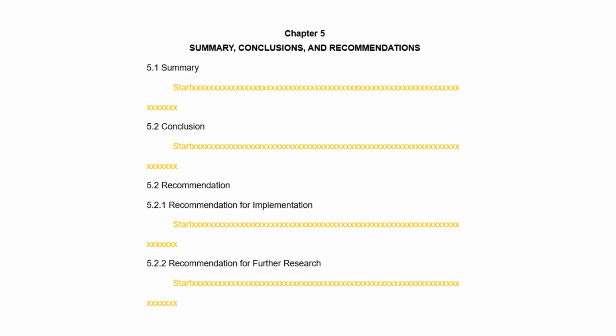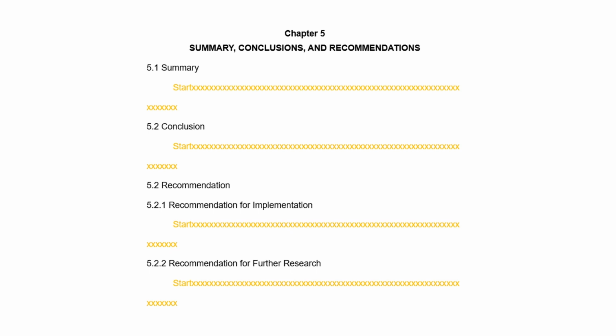Summary, conclusion, and recommendation are the final components of a research paper, providing a summary of the study's findings, the researcher's conclusions based on the findings, and recommendation for future research or for practice. As you can see in the current slide, you can follow this structure in writing your chapter 5.